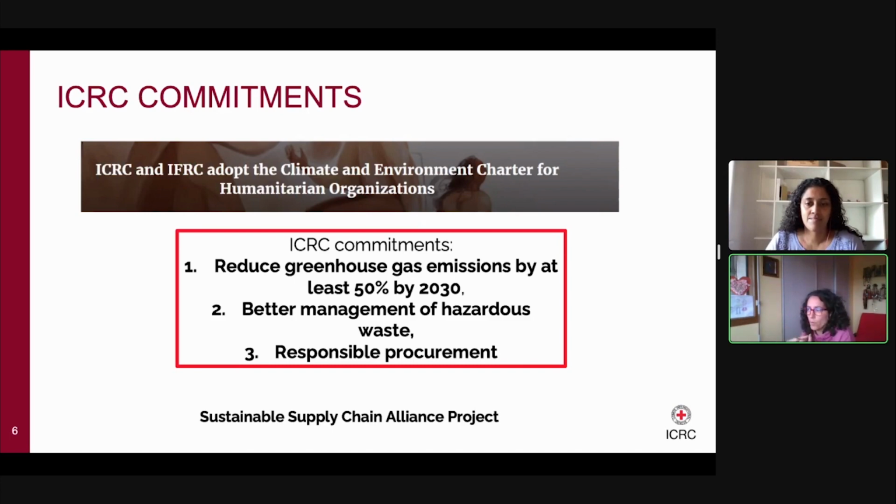I work as a project manager in a project that is called Sustainable Supply Chain Alliance. And the first thing that I started when I started with this project was to talk to different organizations to really understand what each of them is trying to put in place. Because I think in the humanitarian sector, sometimes we work really in silos, and that doesn't help, because we all create different things without really learning from each other.